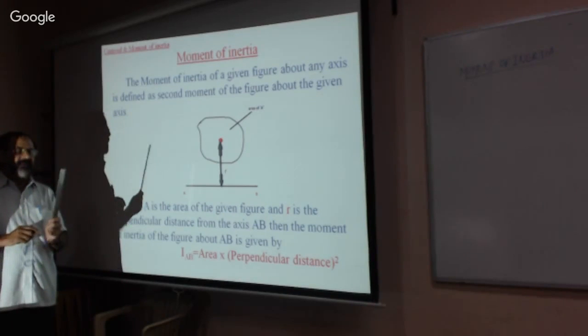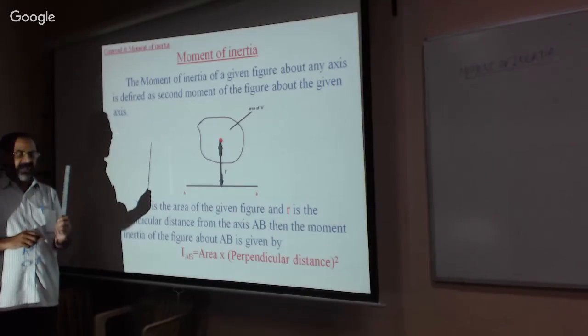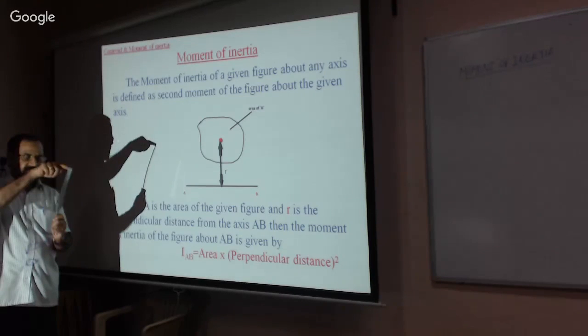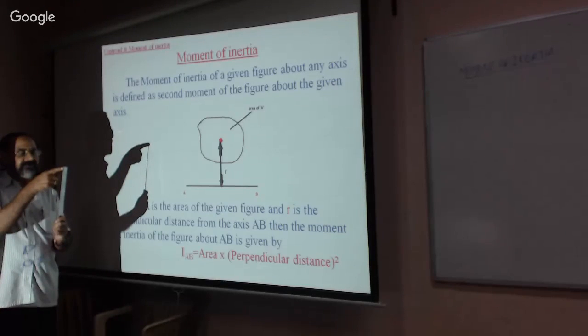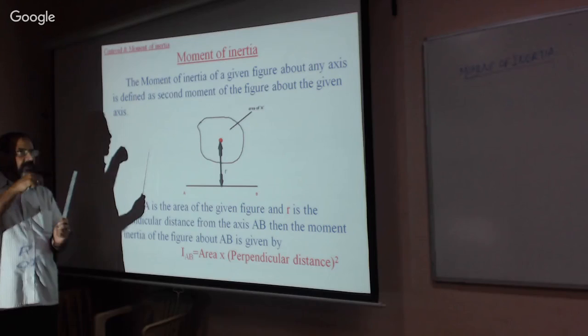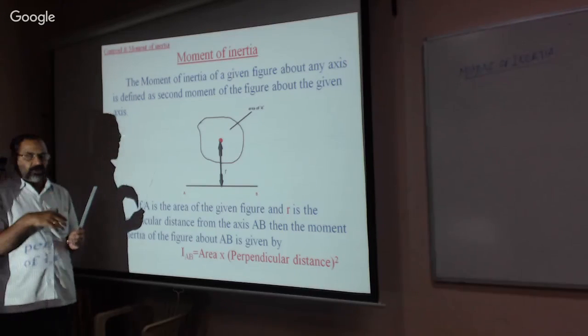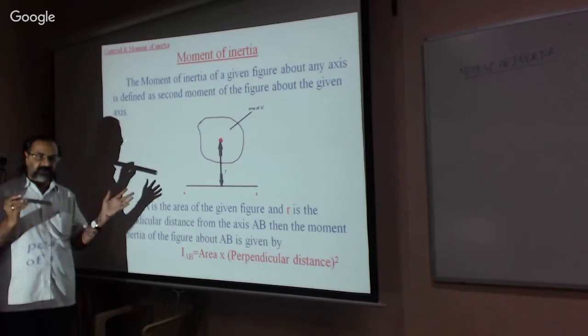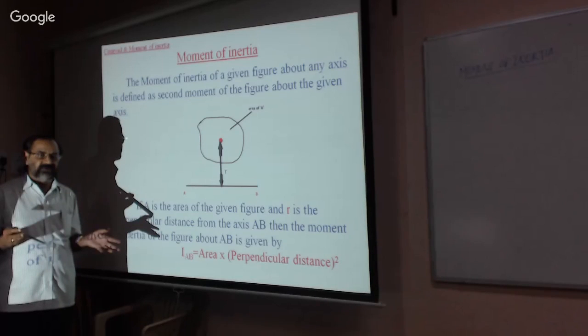For example, if you put the column like this and apply the force, there will be a large deformation. Isn't it? Now, suppose you apply the force in this direction, the deformation will be less. So, if you go to a site in any construction activity, you can see a number of columns coming up from the ground level.